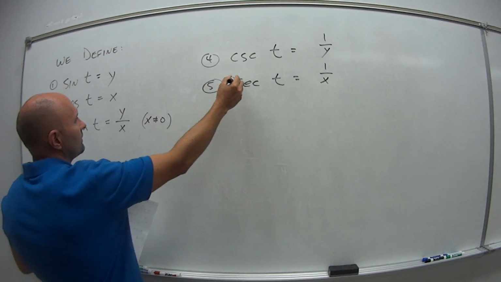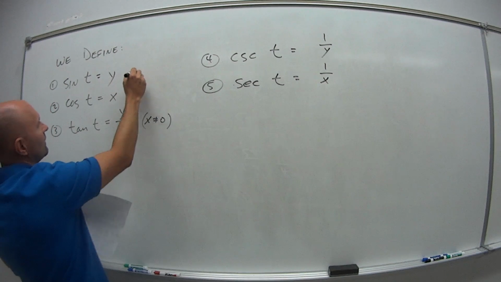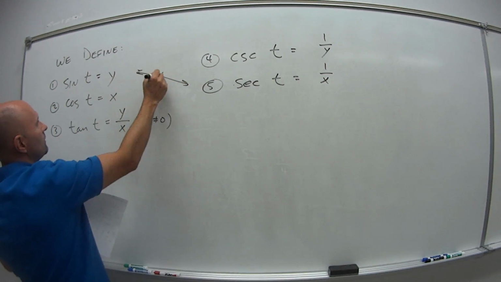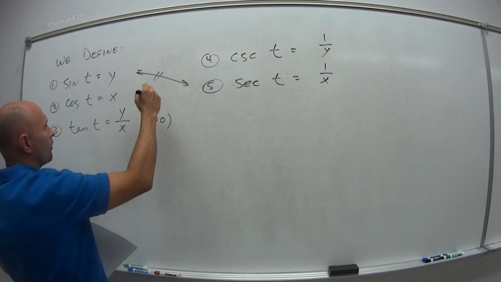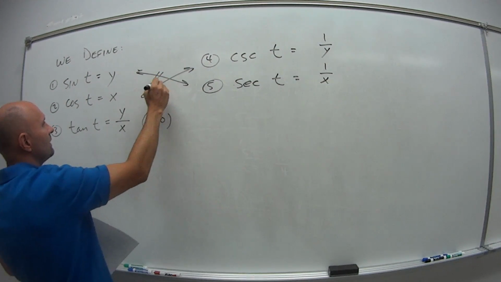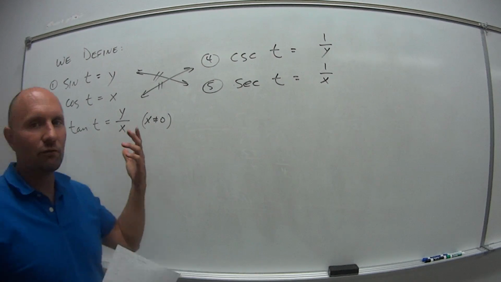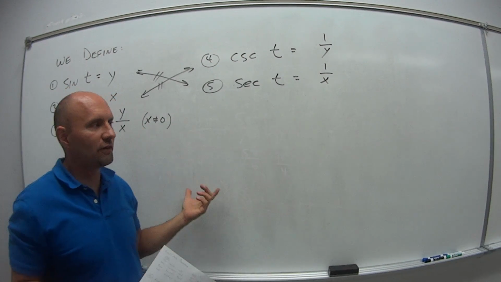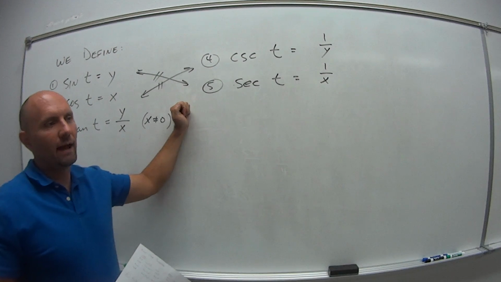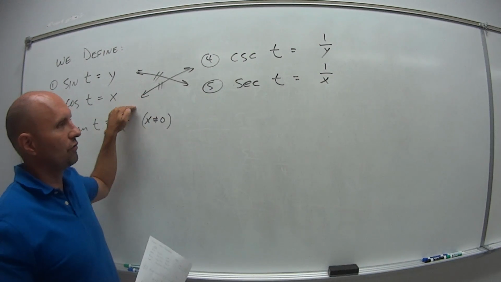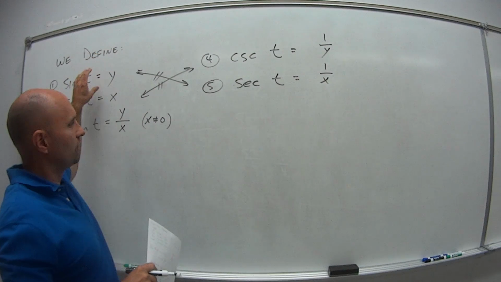So what you can see is that secant starts with s, it's not related to sine. And cosecant starts with c, it's not related to cosine. Again, if you're going to remember something from this section, remember that secant goes with cosine. Cosecant goes with sine.